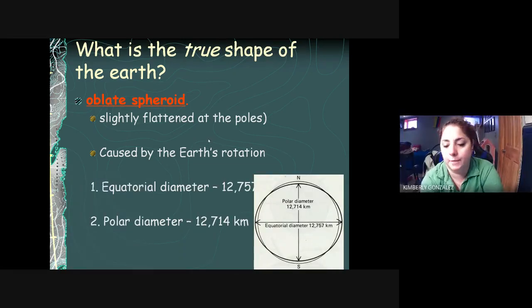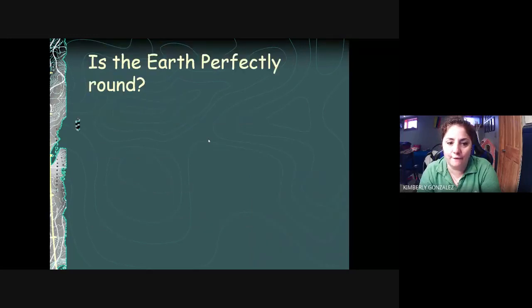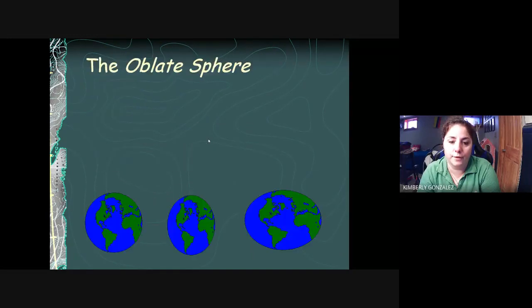So looking at this picture here, the thicker, darker line is what the Earth actually looks like. The thinner line is a perfect circle. So it's not crazy to say, oh, by the looks of things, it looks like a perfect circle, because it's not that far off, right?